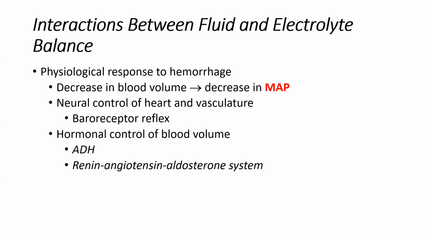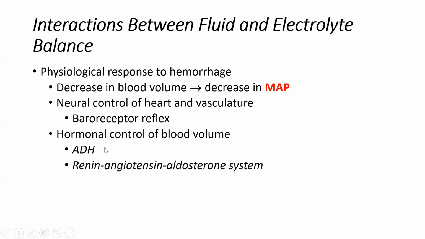ADH, as we just explained extensively, is going to facilitate water reabsorption, also helping to correct that blood volume dysfunction. And then the renin, angiotensin, aldosterone system, which is facilitating sodium reabsorption, again, in an effort to help correct that drop in blood pressure and to raise the blood pressure and restore the mean arterial pressure. So the hormonal control here is doing two things.